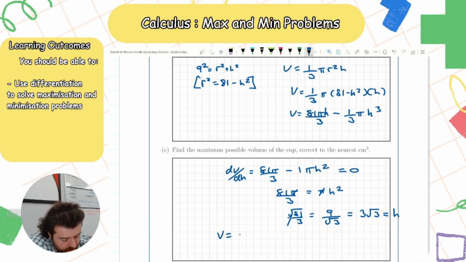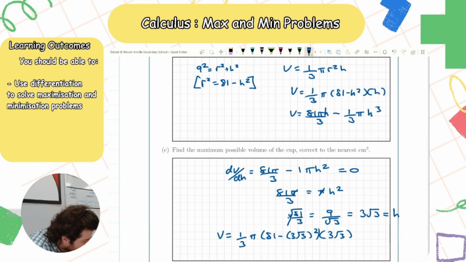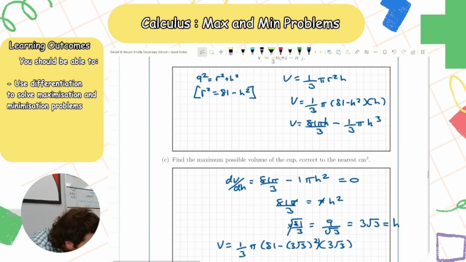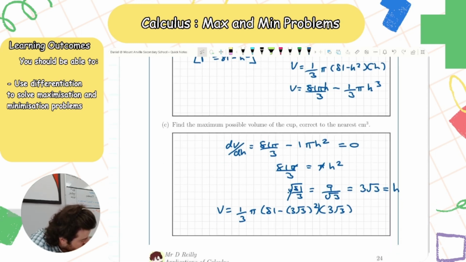My volume is then equal to 1/3 pi times 81 minus (3 root 3) squared, times 3 root 3. That shall be equal to 294 centimeters cubed. And that is the maximum volume of the cup.